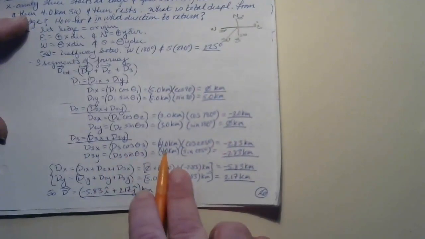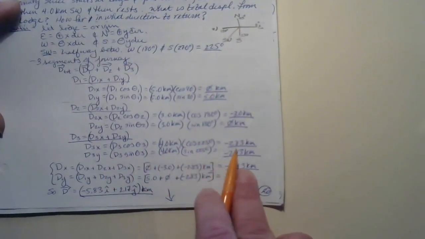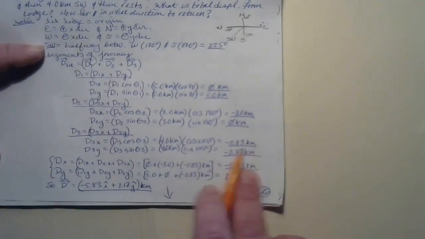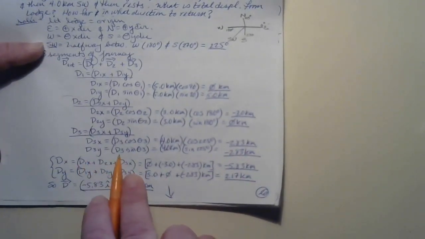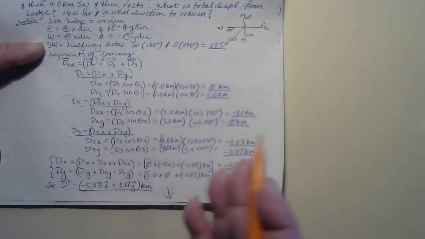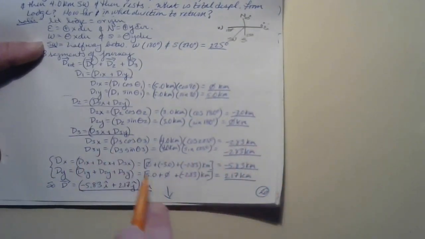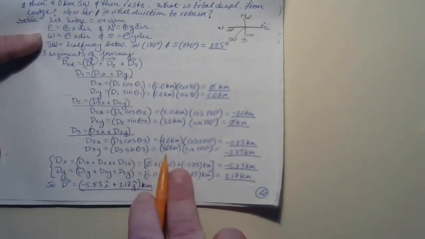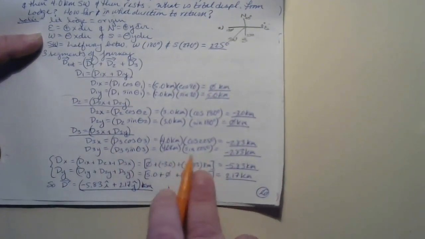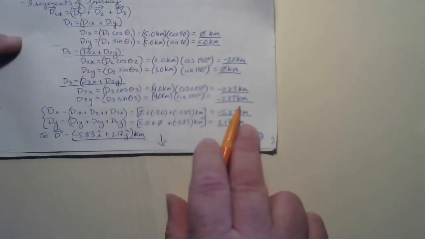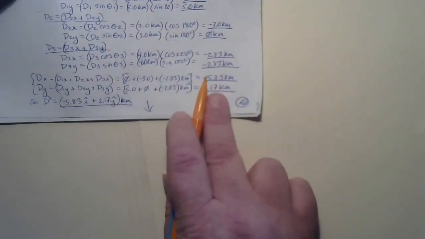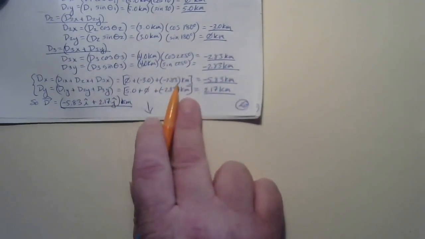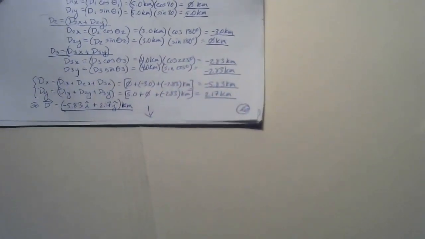So this is 4 kilometers times cosine of 225, which is negative 2.83 kilometers. The y component would be the distance of the third segment times the sine of the angle, so 4 kilometers times the sine of 225. That comes to negative 2.83 kilometers, because it turns out the sine and cosine of 225 are the same.